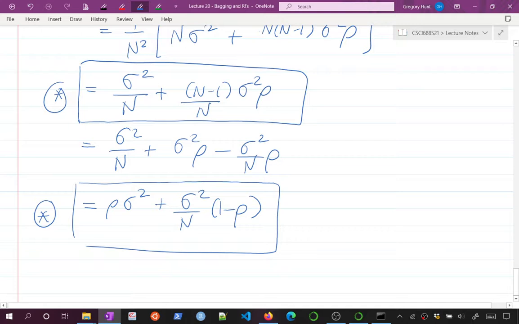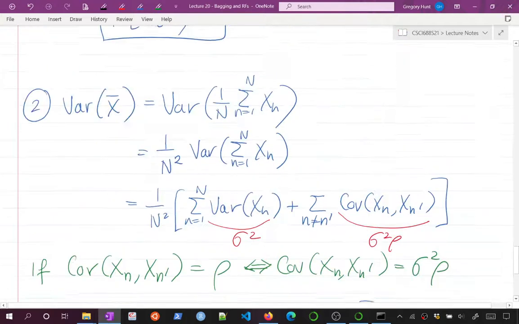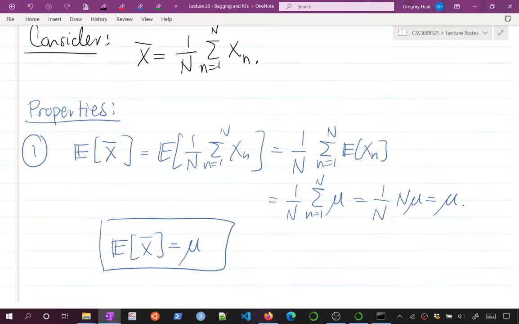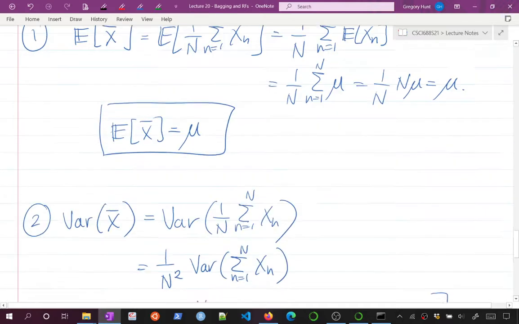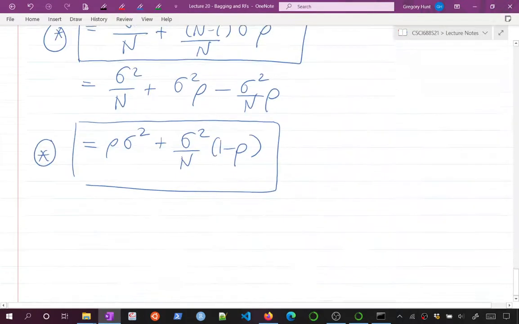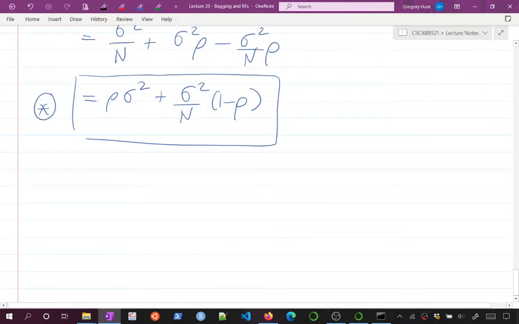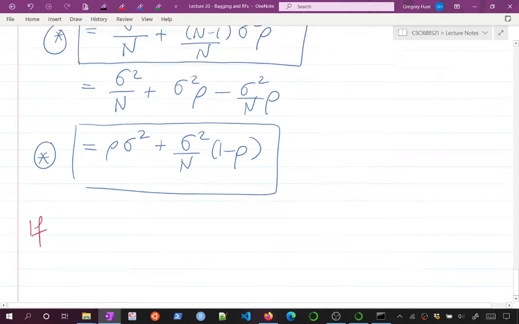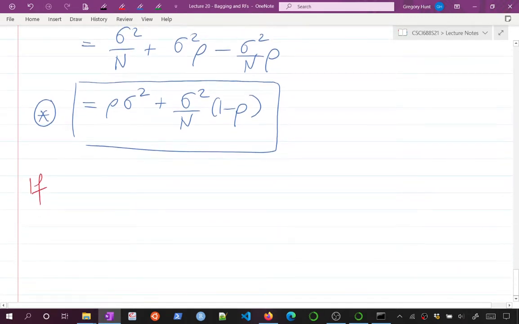Okay. Now, this isn't a lesson on mathematical statistics, but we'll get to the point real quick. So basically, if I average things, the mean stays the same. The variance is going to depend on the correlation. We're going to get this kind of formula, well, let's just use the second one here.